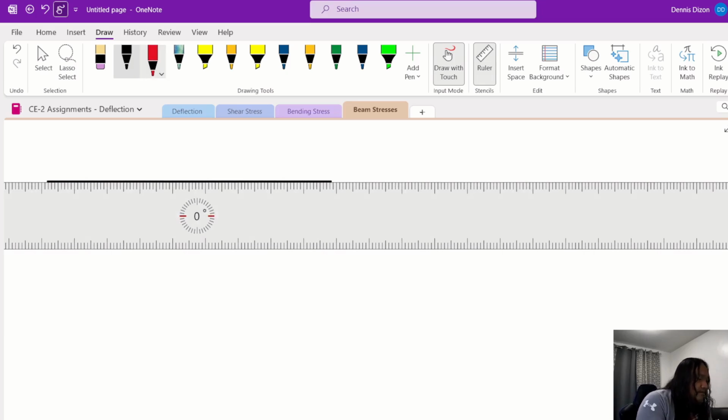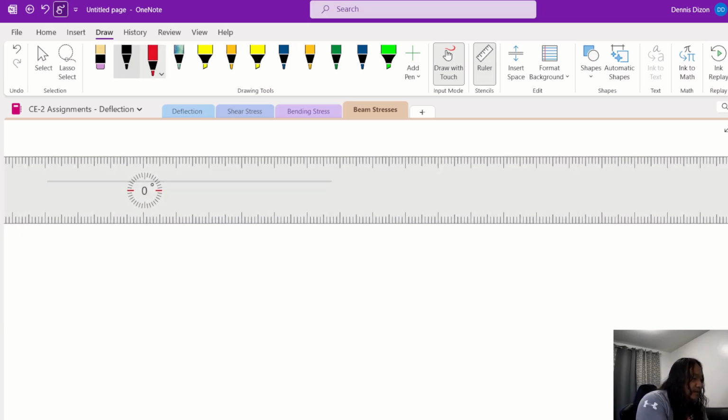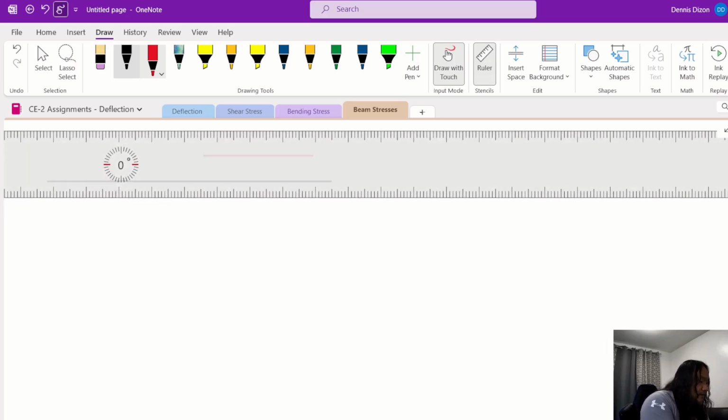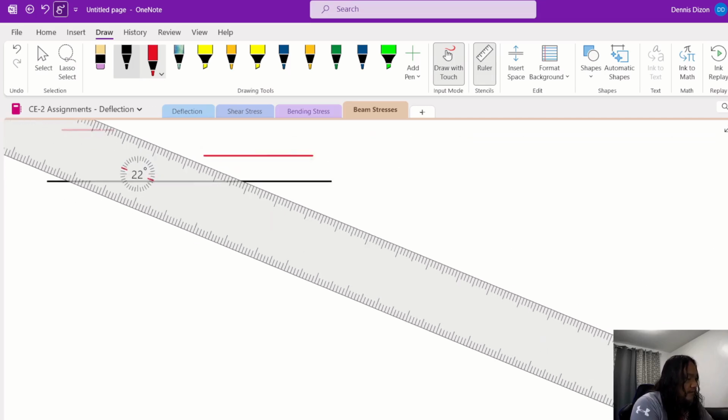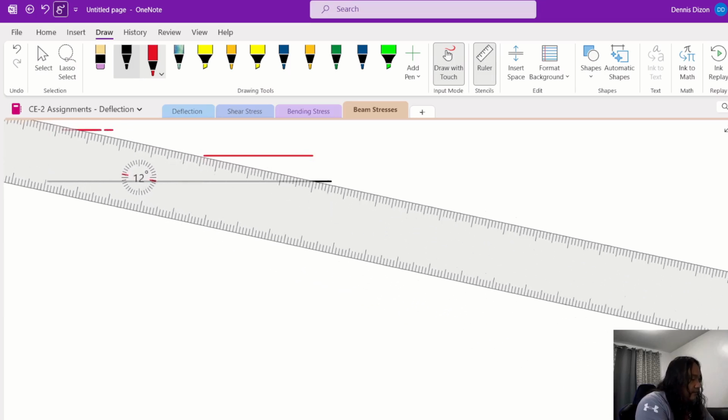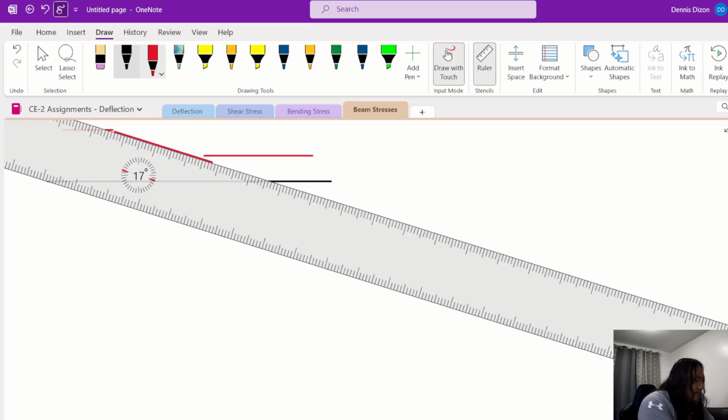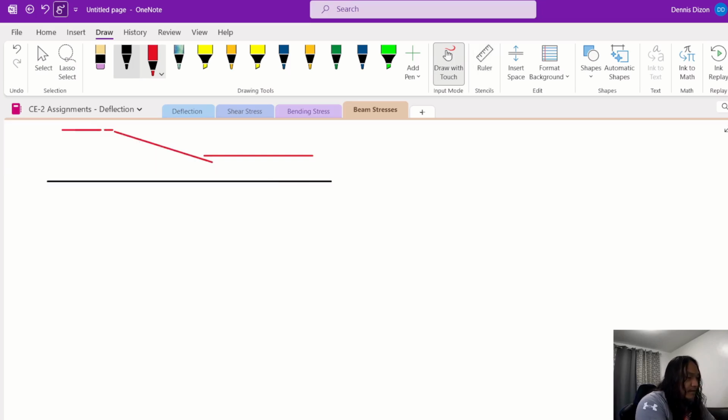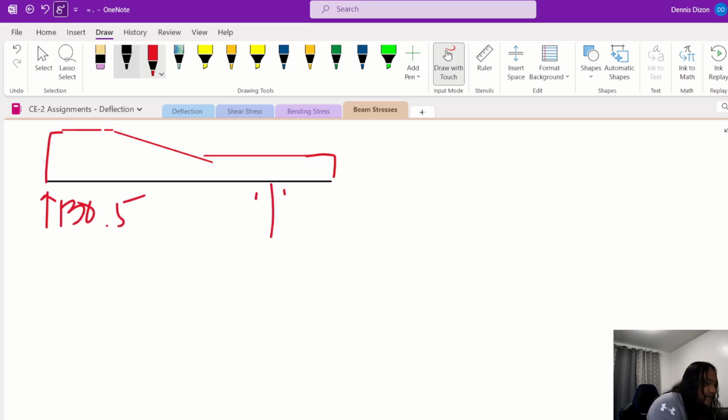So this is our beam, and then our load. This is our RA, which is 130.5, and then our RB is 109.5.